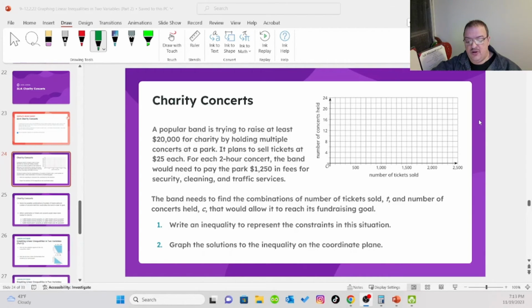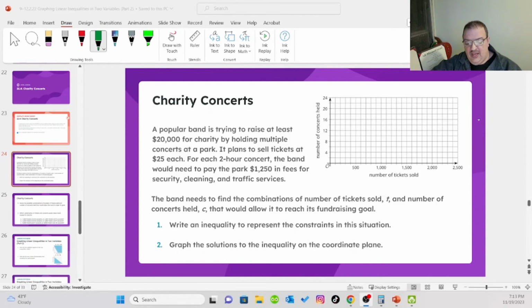For each 2-hour concert, the band would need to pay the park $1,250 in fees for security, cleaning, and traffic services. The band needs to find the combinations of numbers of tickets sold using T and the number of concerts held using C that would allow it to reach its fundraising goal. And they want us to write an inequality to represent the constraints in this situation.